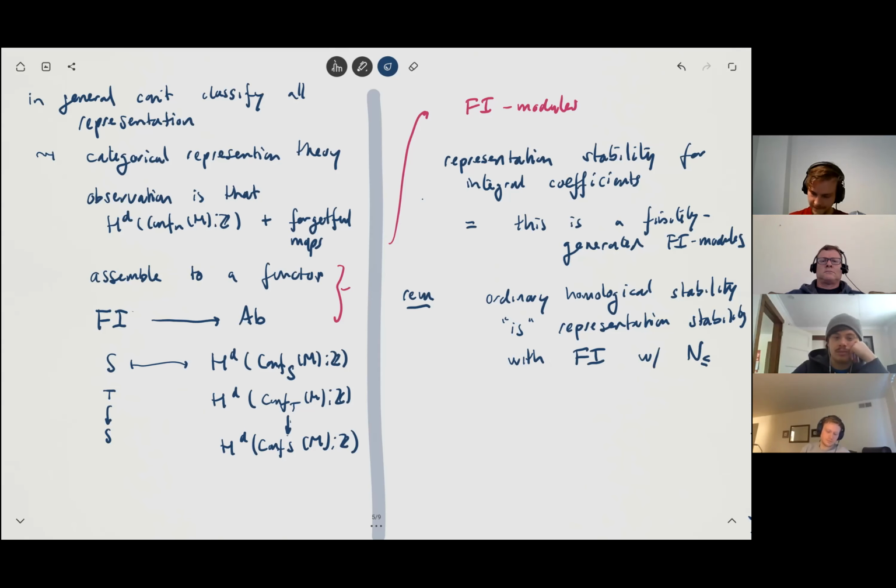Okay. And then you make the following observation. If you have a functor from the natural numbers to abelian groups, and you read what the definition of being finitely generated is for such a functor, this is true if and only if you're eventually constant.